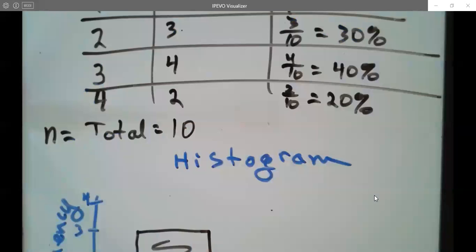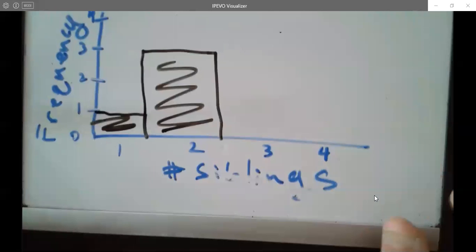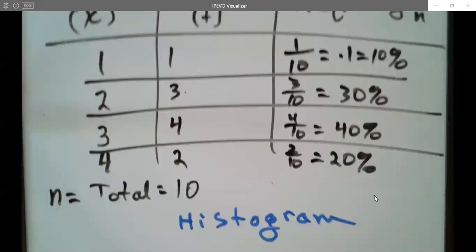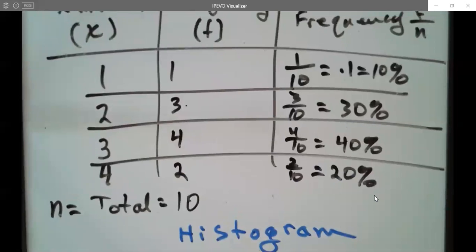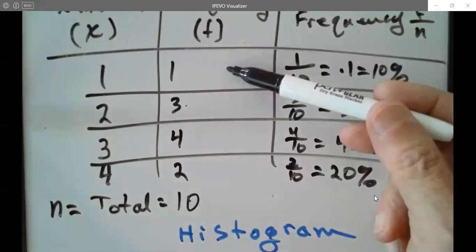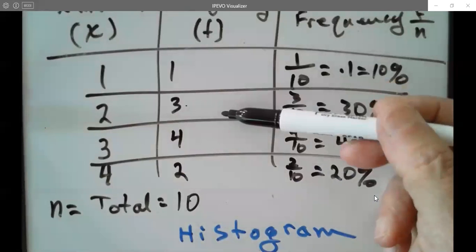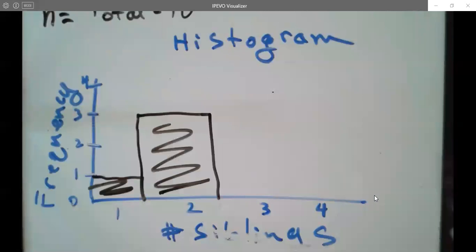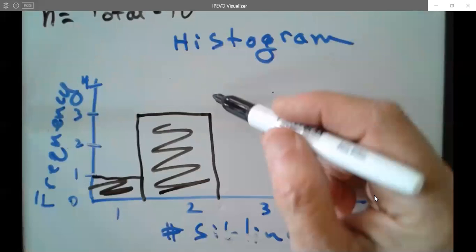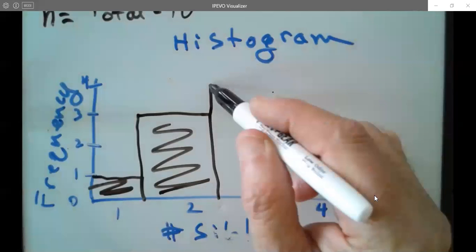So the next one, for 3 siblings, would be what for frequency? We did 1 for 1 sibling, 3 for 2 siblings, so the next one would be 4, right? So we connect up to 4.